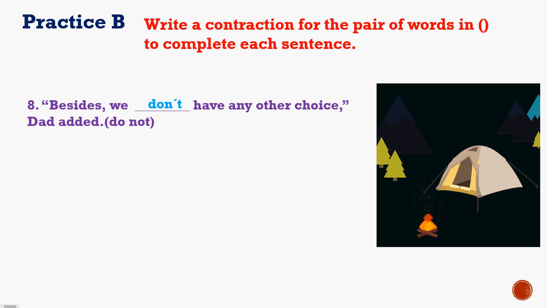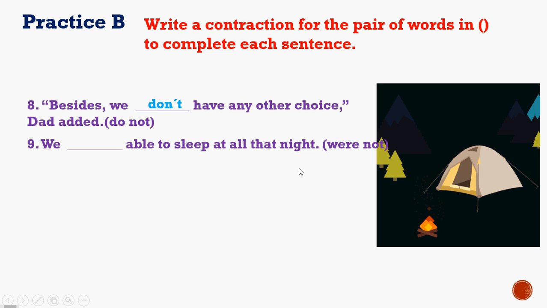Perfect. Number 9. We able to sleep at all that night. The contraction for this case is were not. The contraction is weren't. Repeat with me. Weren't.